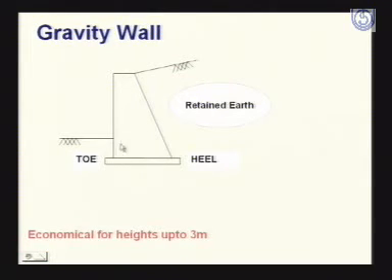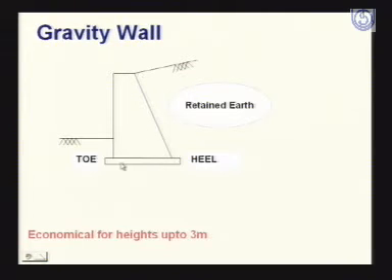This is a massive structure, and this wall is made up of either stone masonry or plain concrete. Because of its heavy weight, the stability is obtained, as is clear from its name, gravity wall.